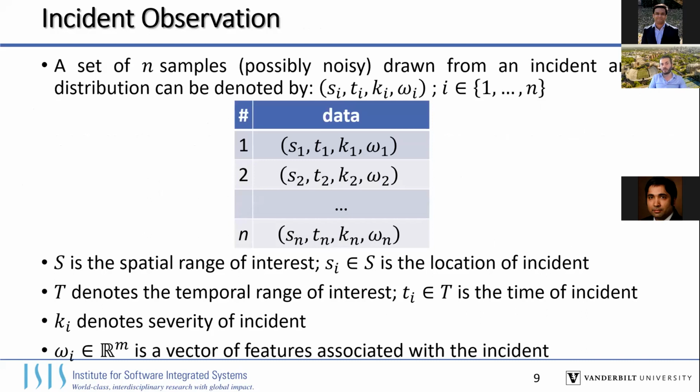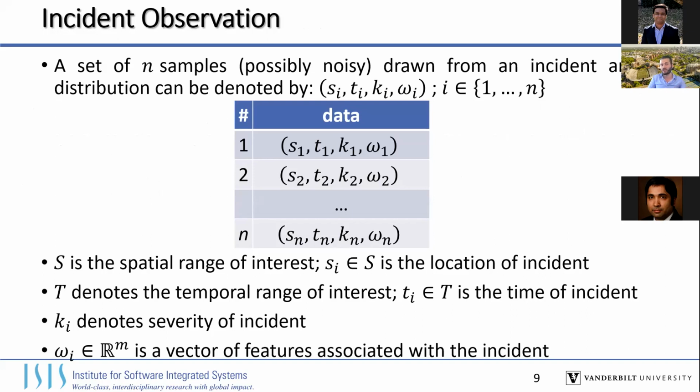And usually the most important data that we need is the incident data. Depending on the time range and the space range, we can have n samples of data, and usually they should have these main important features. First, the location of the incident, which we show with S, then the time of the incident or the time range of the incident, and some other features regarding the incident.